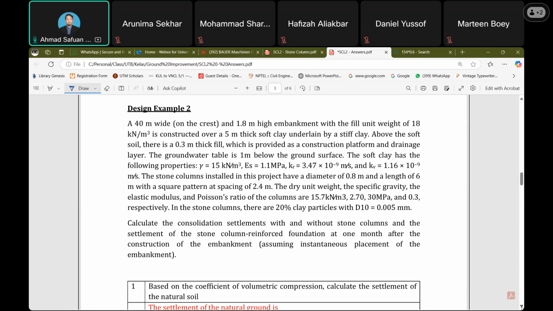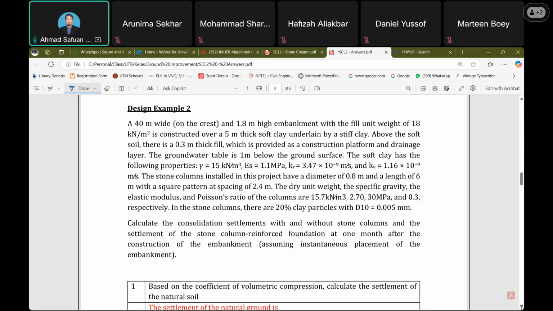Now for example number two, a 40-meter wide crest, on the top of the embankment, and a 1.8 meter high embankment with a field unit weight of 18 kilonewton per meter cube is constructed over a 5-meter thick soft clay underlain by a stiff clay.